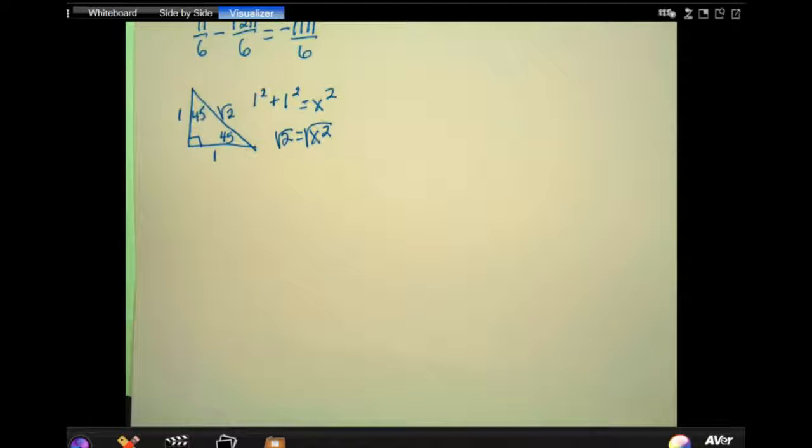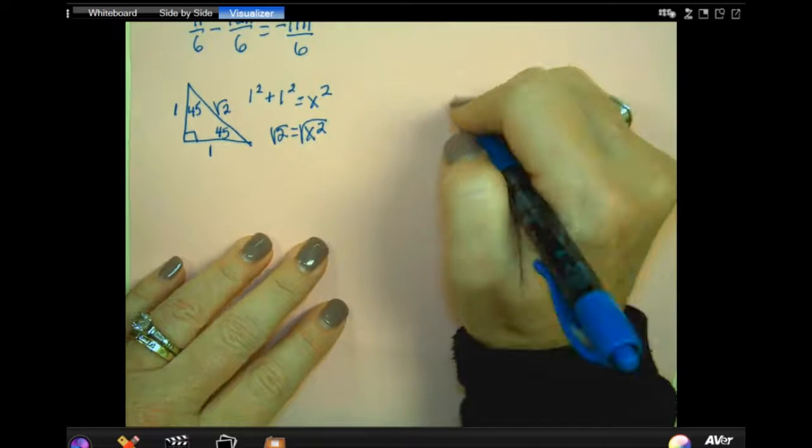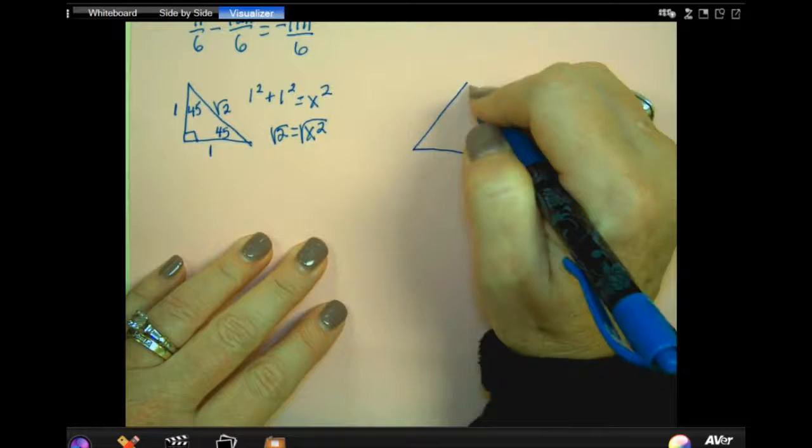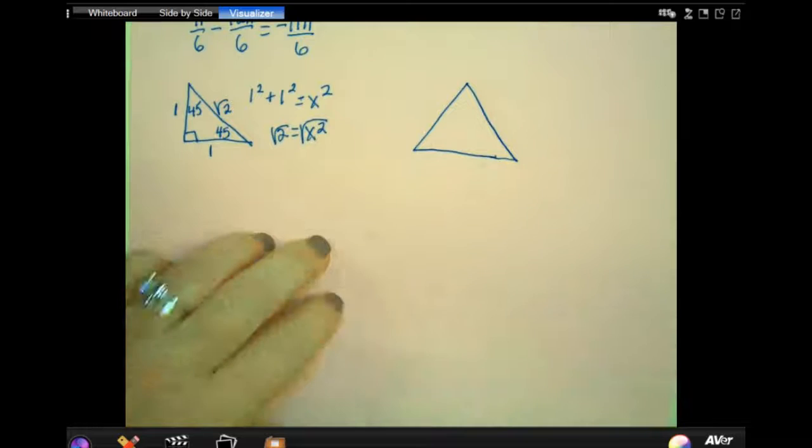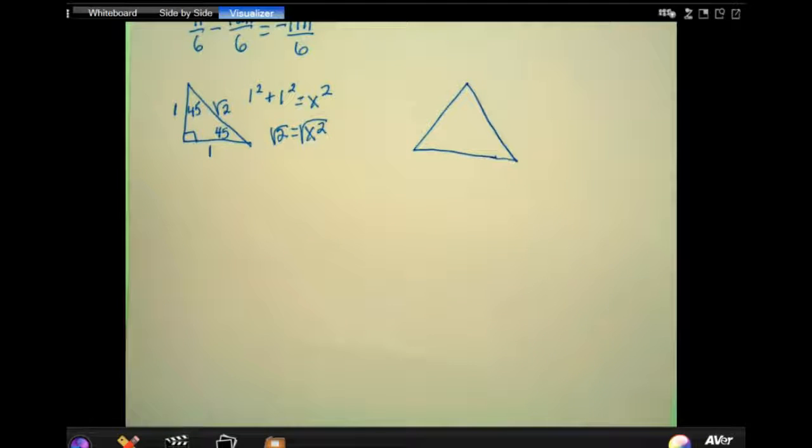I have to get a little fancier to get a 30-60-90. So I'm going to draw an equilateral triangle. That doesn't look very equilateral, but just play along. An equilateral triangle means all the sides are equal, and if all the sides are equal, all the angles are equal.